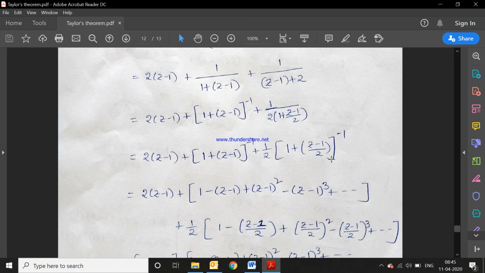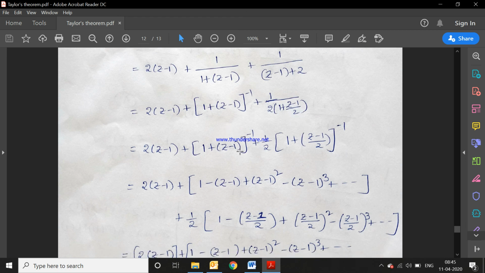So I need to apply the expansion of (1 + z)^(−1) again. In the place of z in the first expansion it is z − 1, and in the second expansion it is (z − 1)/2.